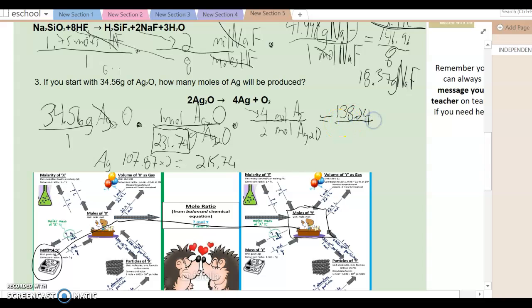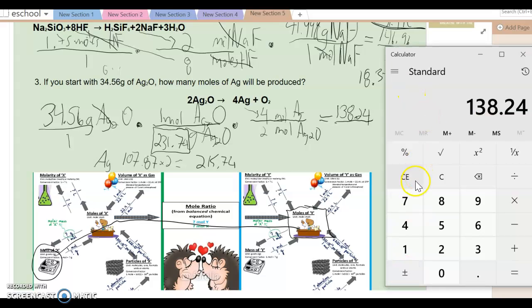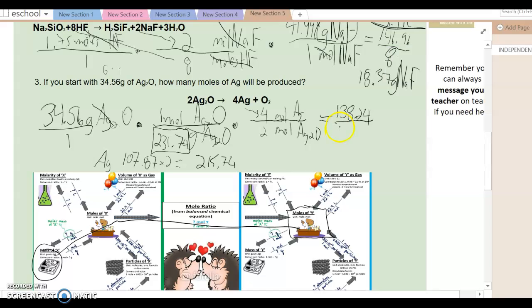On the bottom, I am going to have 231.74 times 2. That's going to equal 463.48.